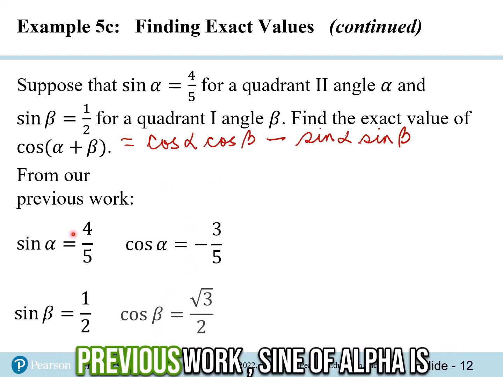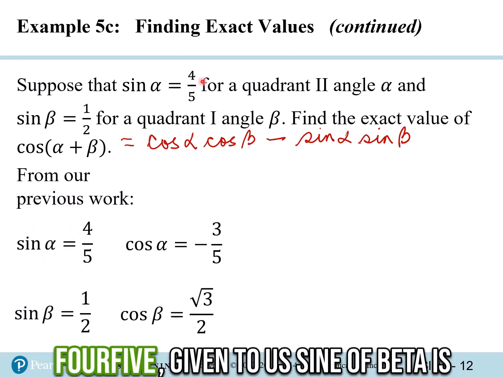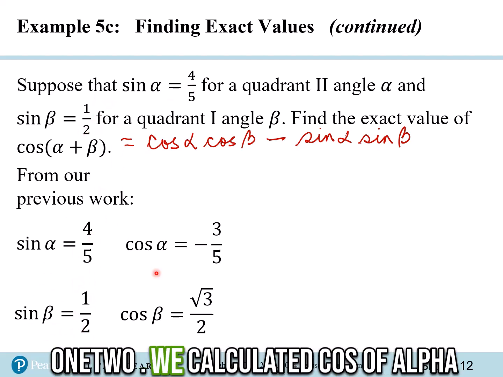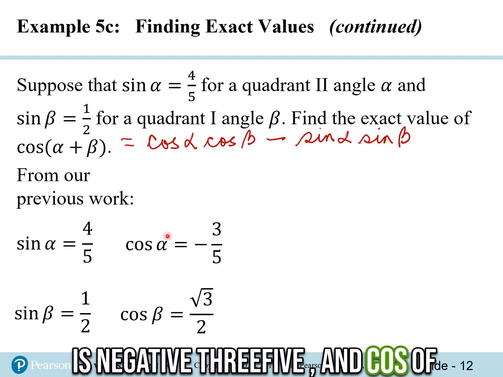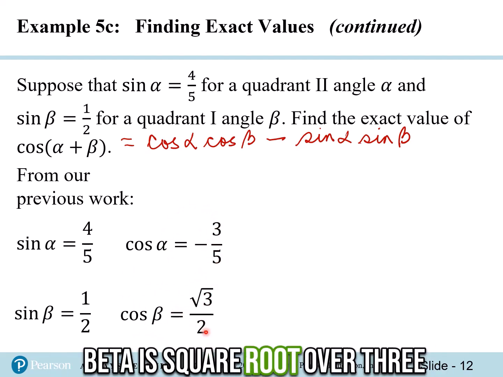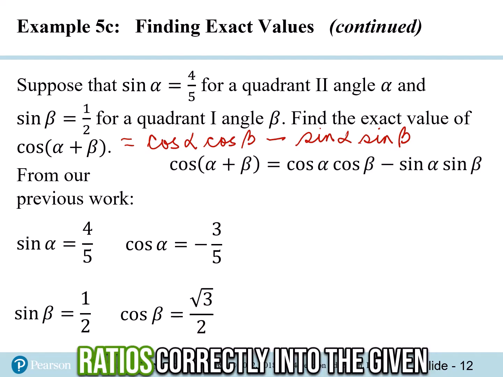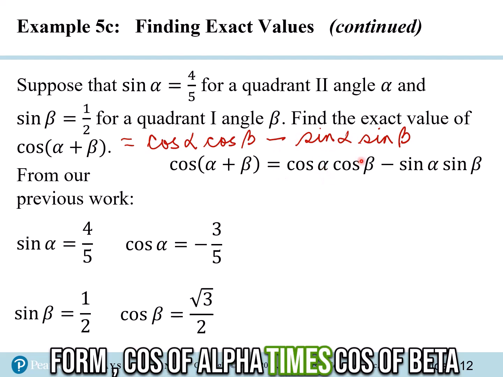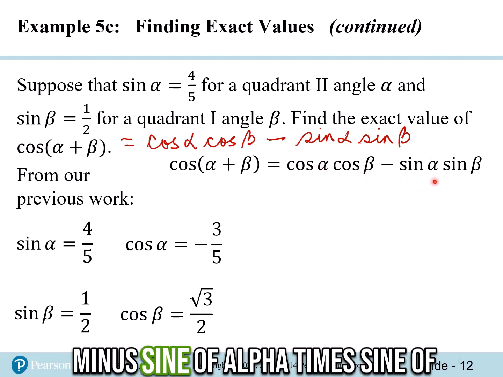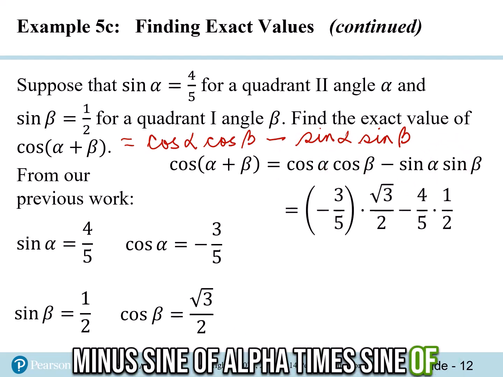So from our previous work, sine of alpha is 4/5, given to us. Sine of beta is 1/2. We calculated cos of alpha is -3/5 and cos of beta is square root over 3 divided by 2. So plug in these ratios correctly into the given form. Cos of alpha times cos of beta minus sine of alpha times sine of beta.